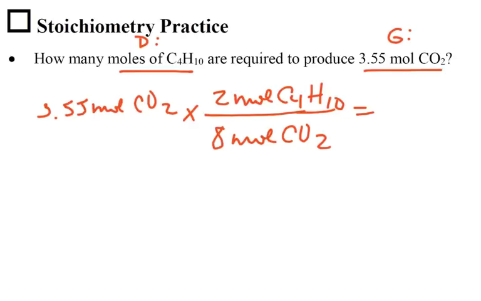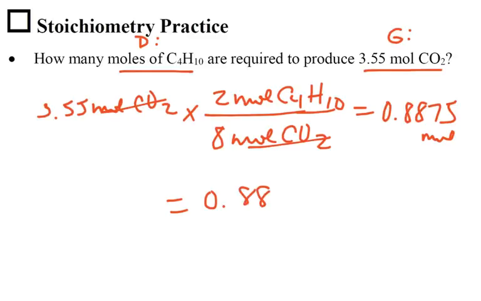This comes out to 0.8875 moles, because moles of CO2 drop out, moles of C4H10, and I'm going to rewrite that, we have 3 significant figures, so I'm going to say 0.888 moles of C4H10.